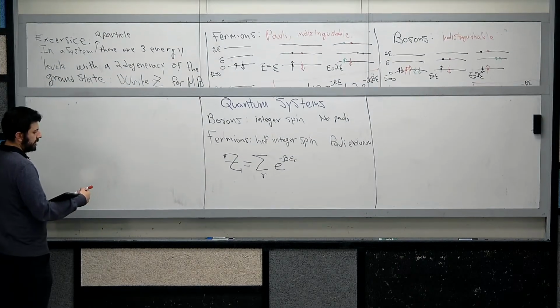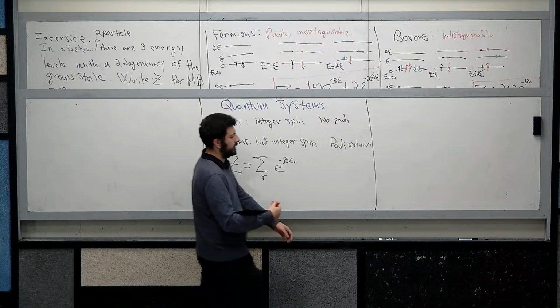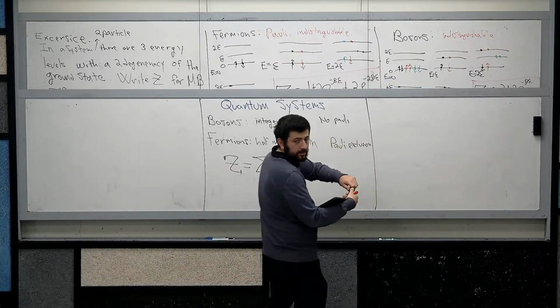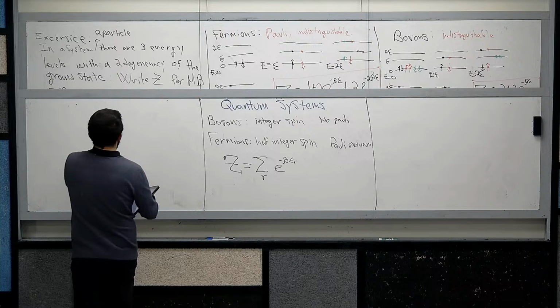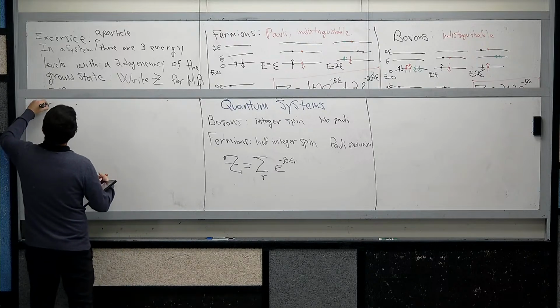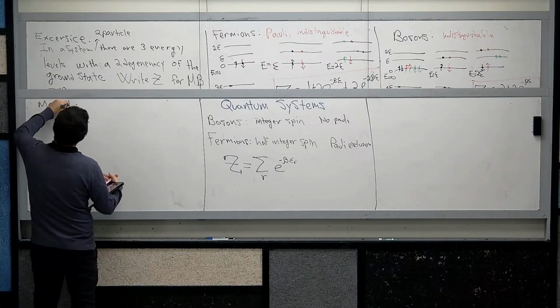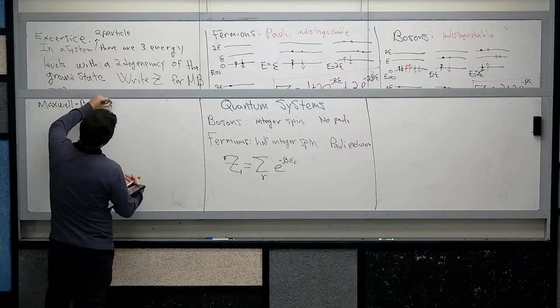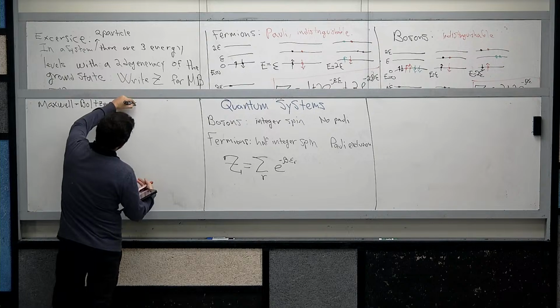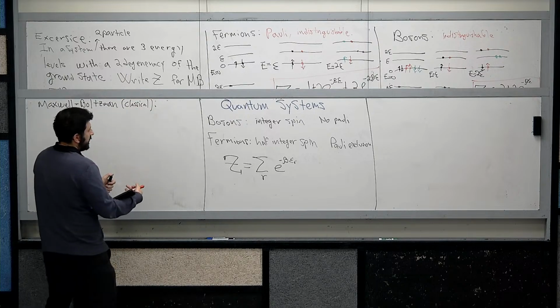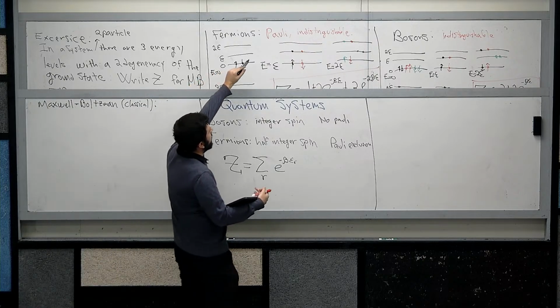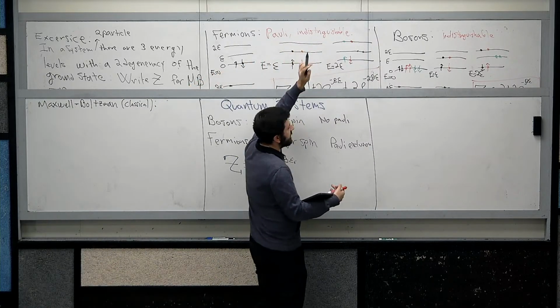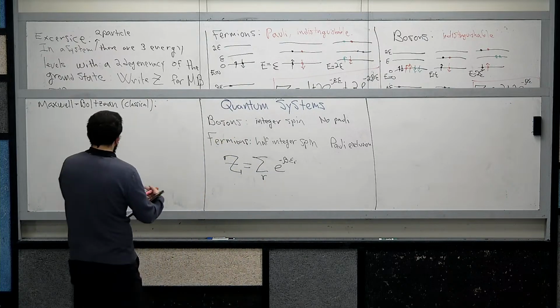Now let's do Maxwell-Boltzmann, which is classical particles. We have neither Pauli exclusion, and these particles are distinguishable.